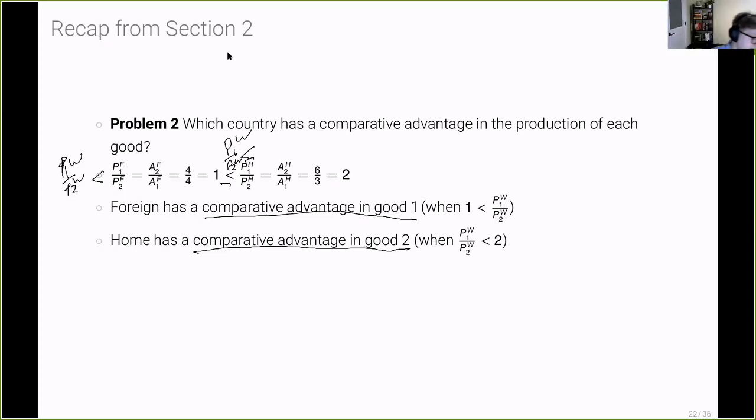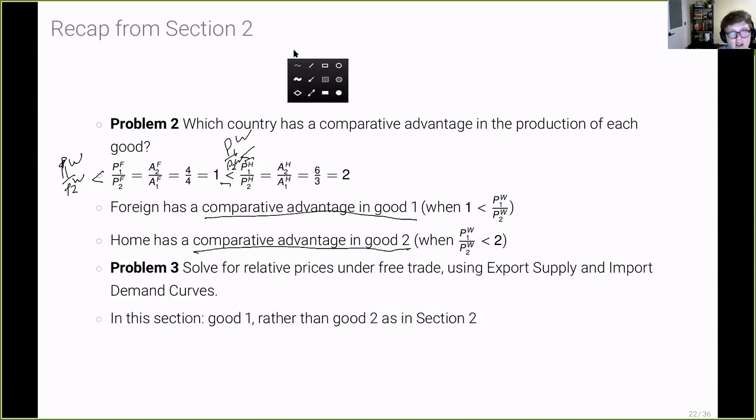Yeah, so basically you want to think about it in terms of opportunity costs. What the relative price is effectively saying is, if I produce 1 unit of good one, how many units of good two am I giving up to do that?